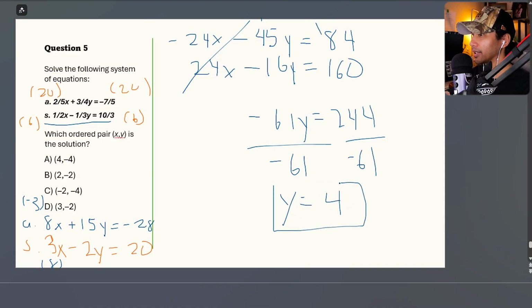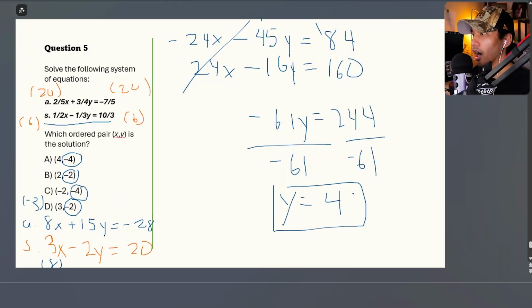Okay. Y equals 4. And we see on our answer choices that y does not... Did I choose y or x? Oh my gosh, I might have done this wrong. Huh. Oh, it's a negative. Positive 244 divided by negative 61 equals negative 4.